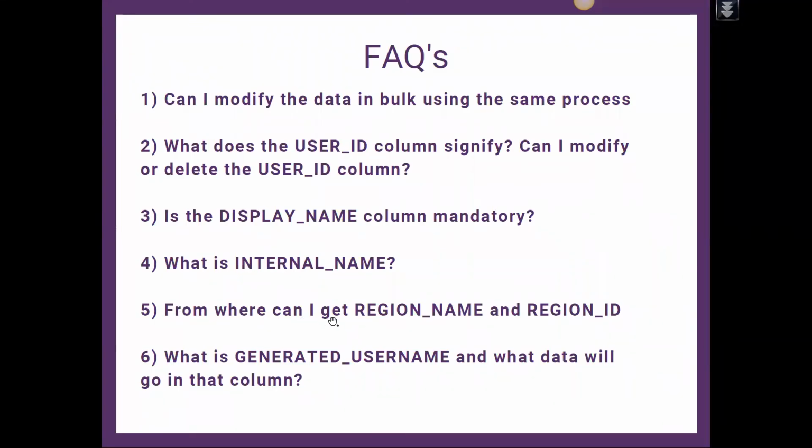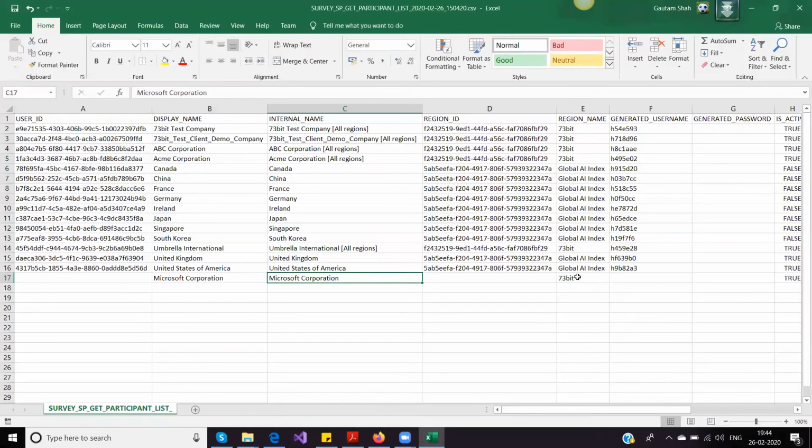From where can I get region name and region ID? That's a very good question, and most of the users are kind of confused with this. Firstly, it is not necessary to enter both of them. If you have region ID, then you can add region ID, and the system will automatically add region name.